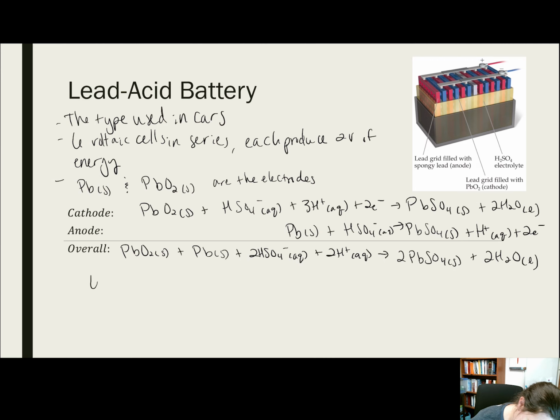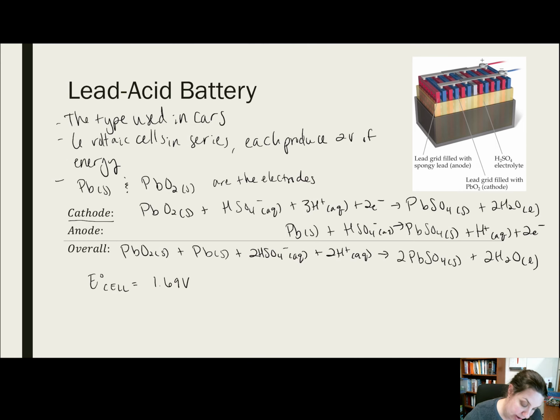When we figure out our E cell here, we do the reduction at our cathode. So we're going from lead 4 to lead 2, and that has a reduction potential of 1.69 volts.